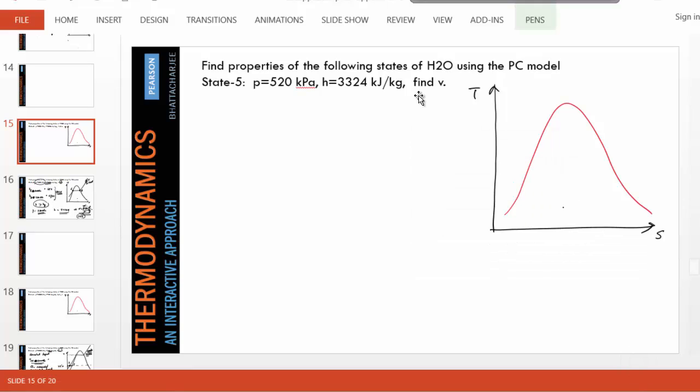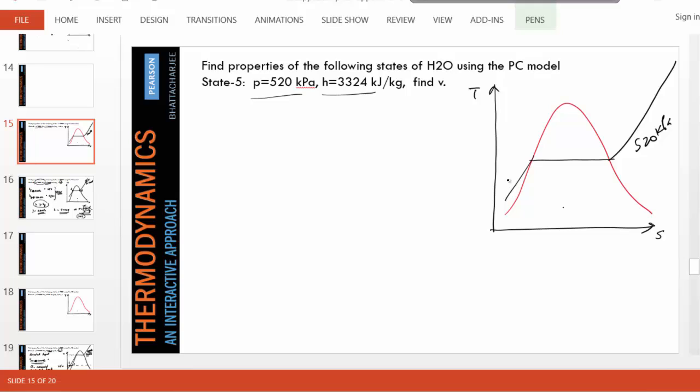Well, once again, in this problem, you can see that we know enthalpy and pressure, but we don't know where the state belongs. Just like we did in the last problem. Pressure is given, so this is our 520 kPa line.